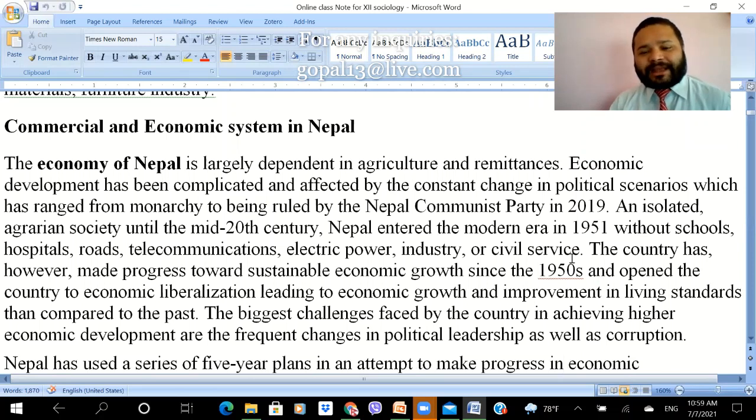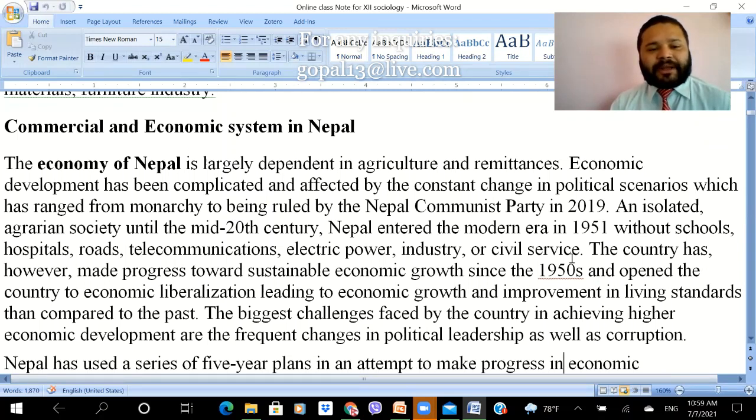The income and expenses part, the monetary resource part, comes within the economic and commercial system. The economy of Nepal is largely dependent on agriculture and remittances. We have already talked about it. These two are the main sources of life subsistence in the Nepalese context.